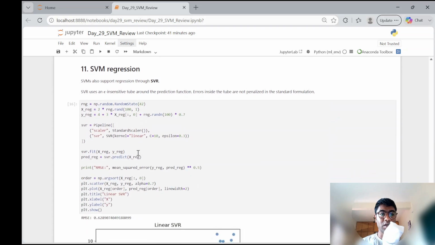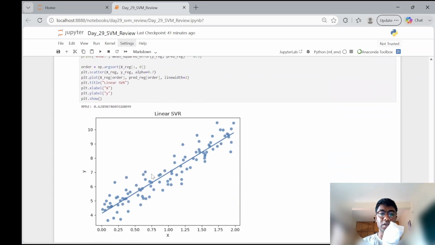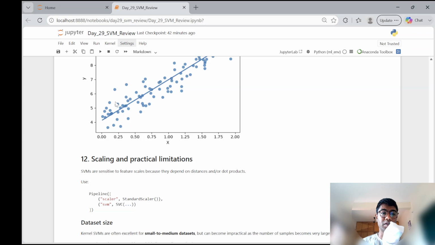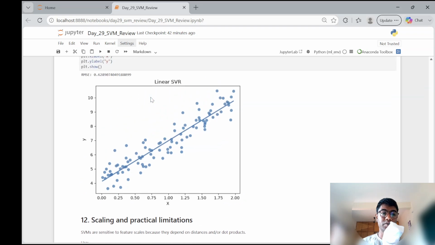SVM regression helps us with the data points. It is a linear line, but sometimes there might be points up or down.